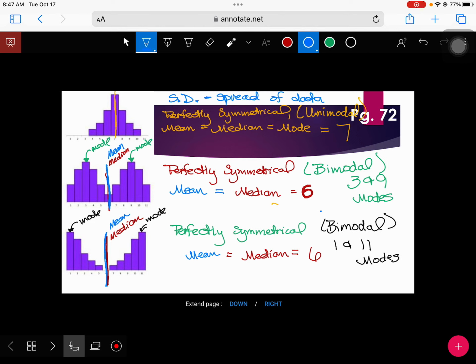So if I look at these 3 different pieces of data, big standard deviation, small standard deviation, which of these has the smallest standard deviation? Graph number 1, 2, or 3?